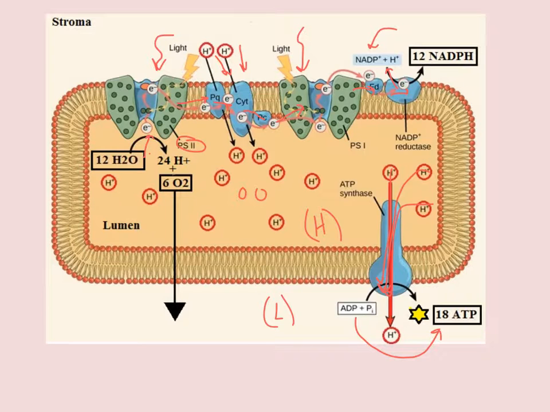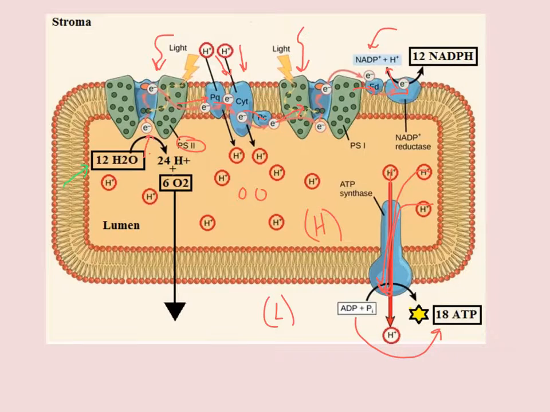Now, one thing, you don't need to know this, but I'm going to say it just in case some of you are confused. You might be wondering, hey, why does it say 12H2O? Because by now you should know that the formula is 6H2O plus 6CO2 gives you C6H12O6 plus 6O2. Why is it 12?